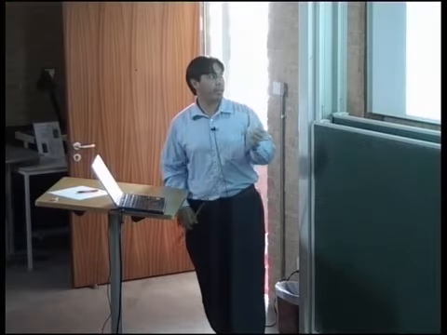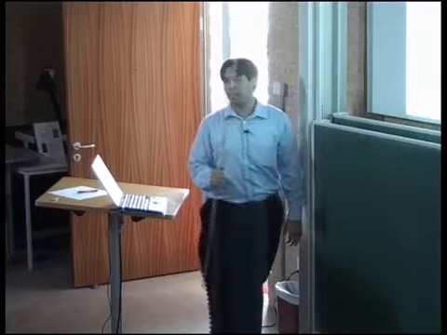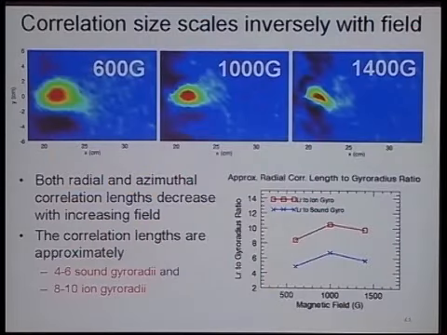Actually, in the next plot, I have some connection to sound gyro radii and ion gyro radii. So let me just briefly show, in the field we also get an inverse scaling with the correlation size. And here we have the radial correlation length in reference to the gyro radii.